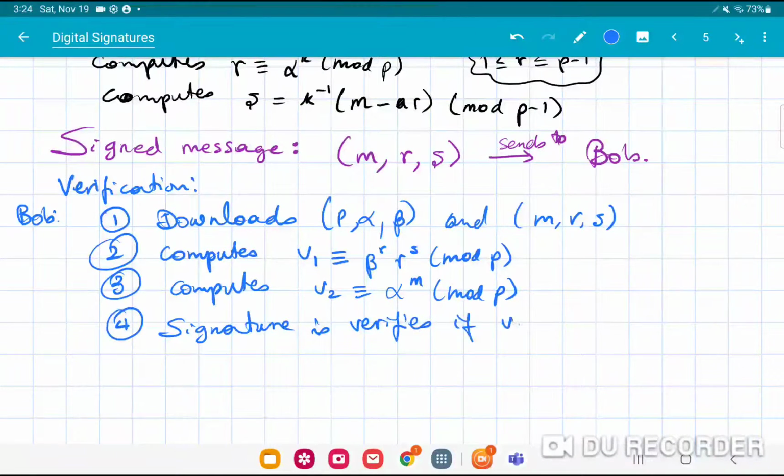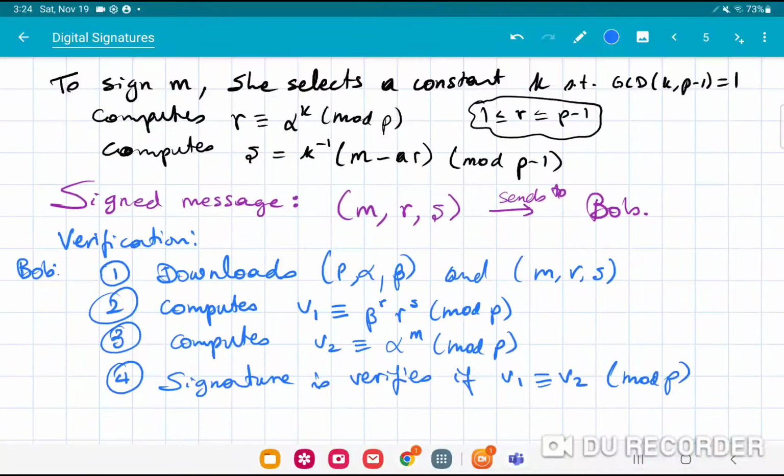If V1 equals V2 mod P, then the signature is verified. Otherwise, he rejects the signature.